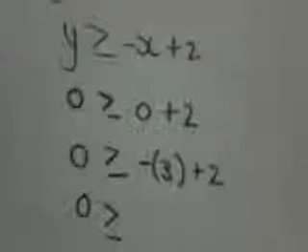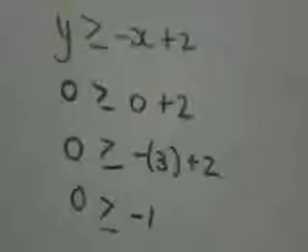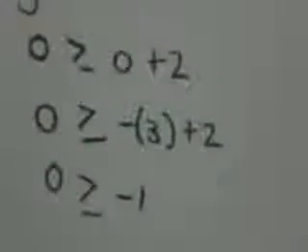So 0 greater than or equal to minus 3 plus 2, which is what? Minus 1. Now, is 0 greater than or equal to minus 1? Yes, it is greater than minus 1.